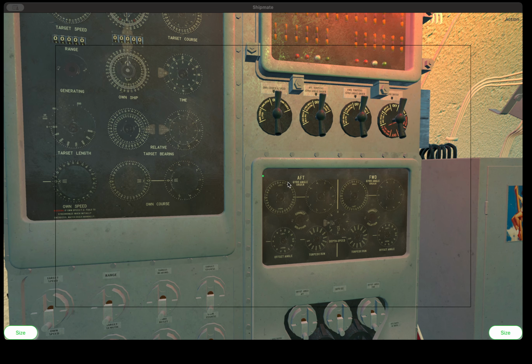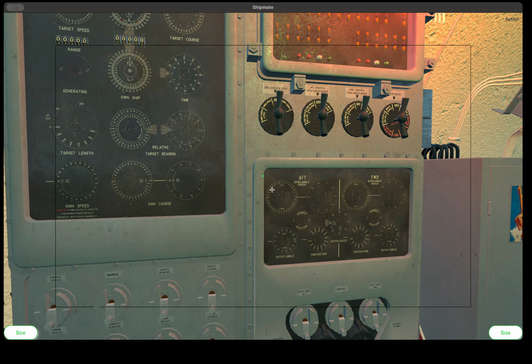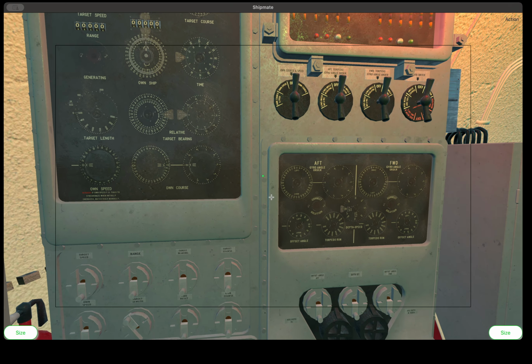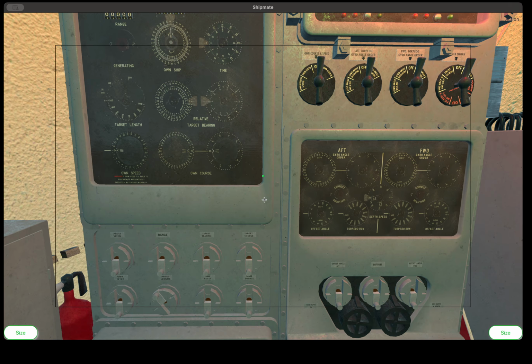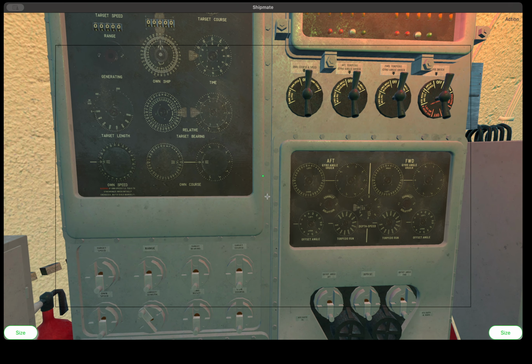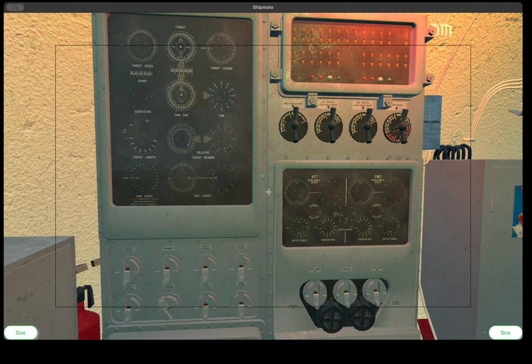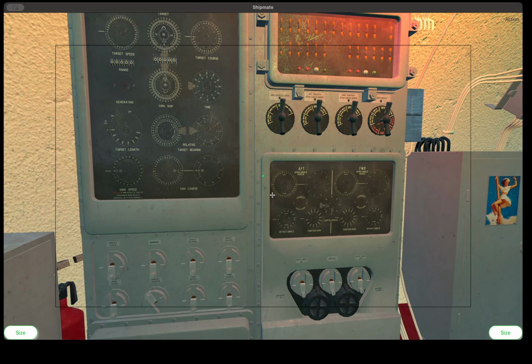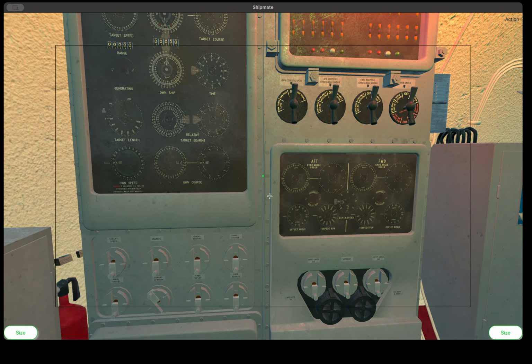Hello. Today I'm going to talk a little bit about the TDC, the Torpedo Data Computer, for the Balao class submarine, but it was also used in the Gato and so on.